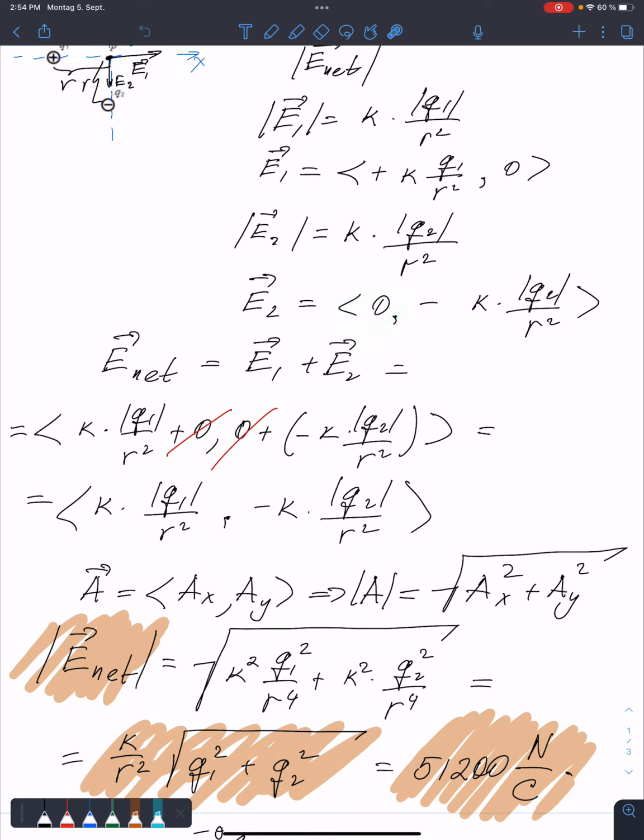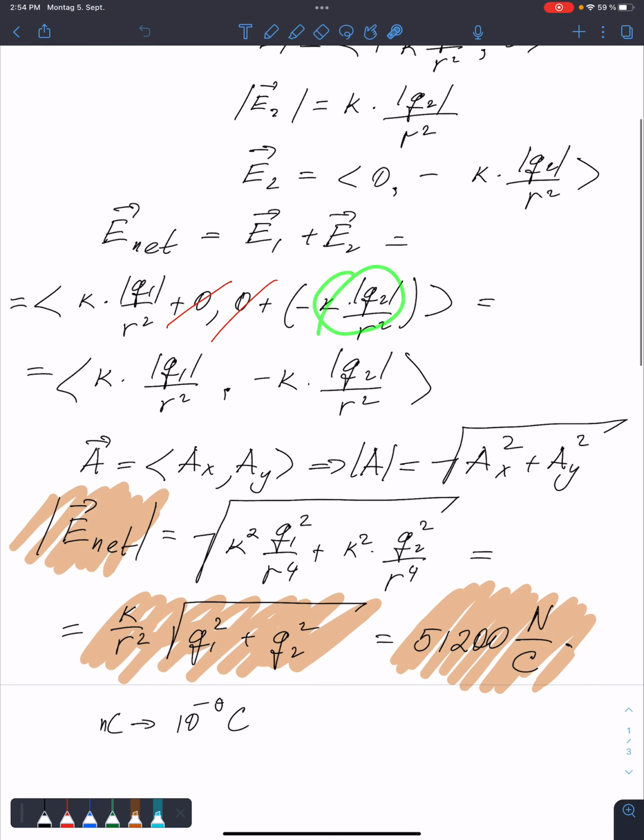For the y components, we have 0 for E1, plus the y component of the vector number 2, which comes with a negative sign, and I just rewrote the rest of it. We can simplify, cancel all these zeros, remove this plus sign, and this will be our final result for the vector.